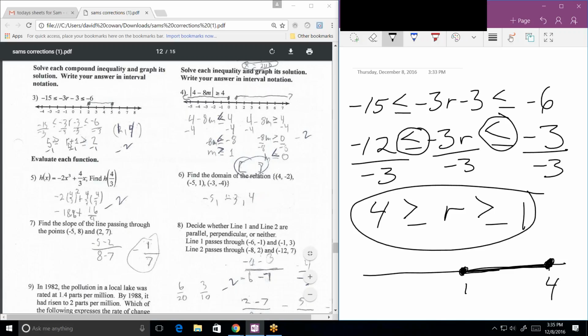So you ended up with r plus 1 is greater than or equal to 2 and less than or equal to 5. But you really need to subtract 1 from both sides. With this problem, you could actually have done it the way you did it, only you just didn't finish the last step. But it's always better to get rid of the numbers that are being added or subtracted first.